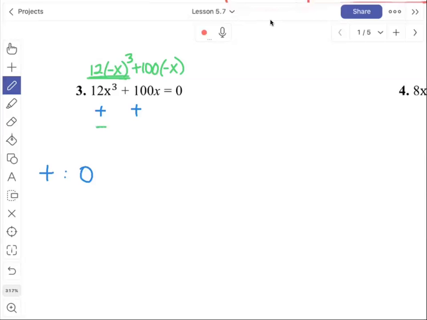And then 100 times negative x, that's going to be negative also. So for p of negative x, I have no sign changes as well. So that tells me in terms of negative real roots, I also have none. So I have no positives, no negatives. That means they're all imaginary.